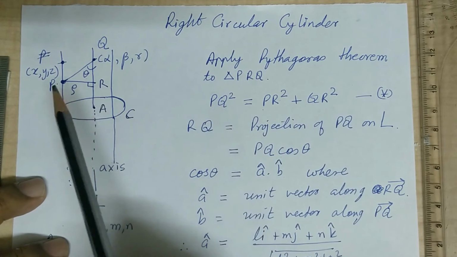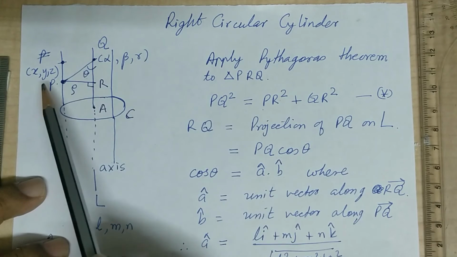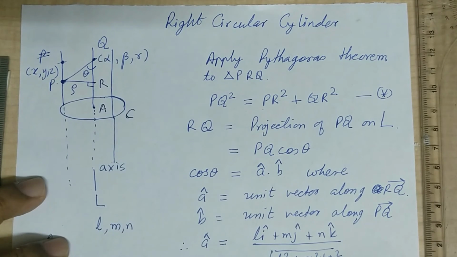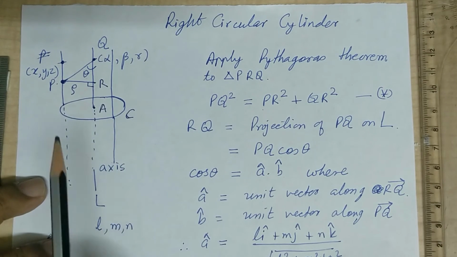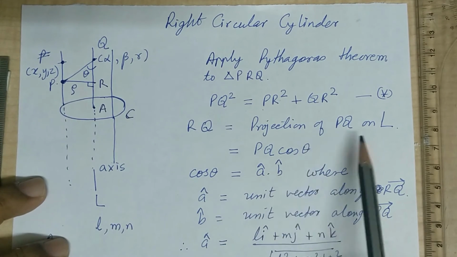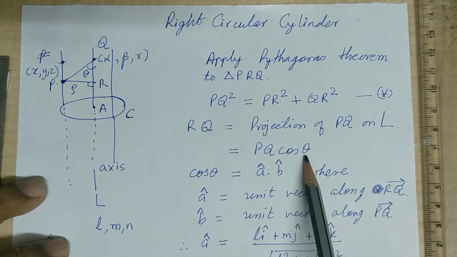PQ can be found by using the distance formula. It will involve the generic point x, y, z and this fixed point alpha, beta and gamma. PR is a constant, rho. The projection is going to involve this theta, and I should get rid of theta somehow.